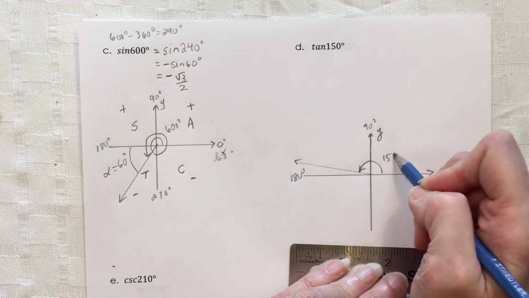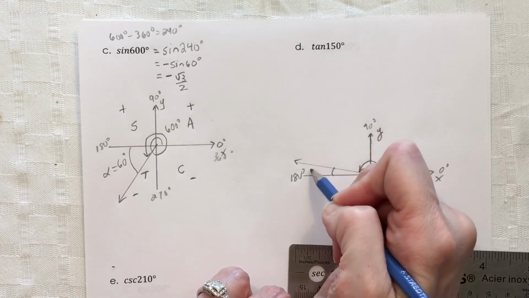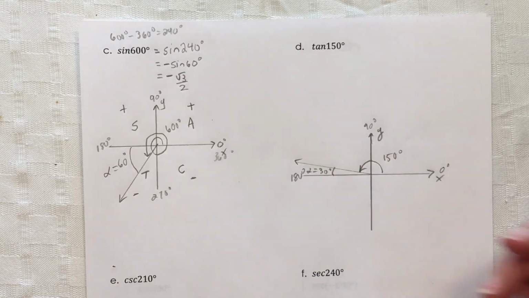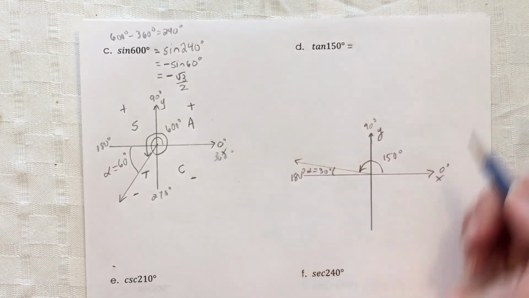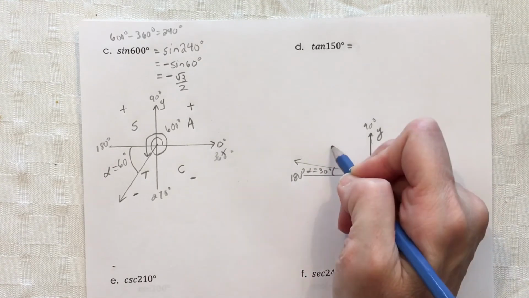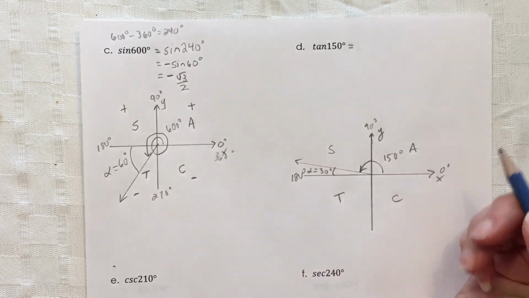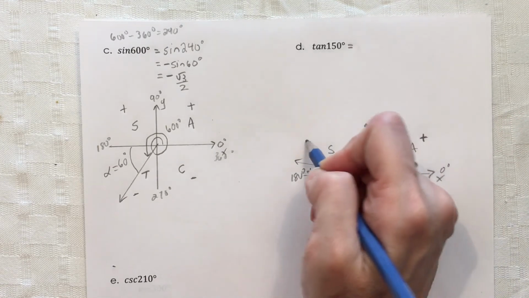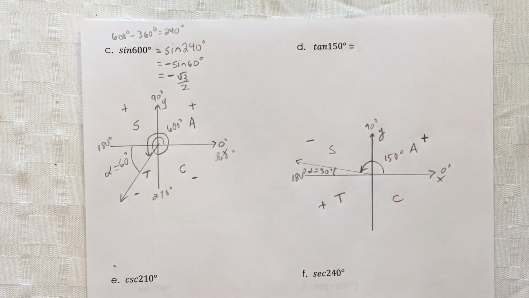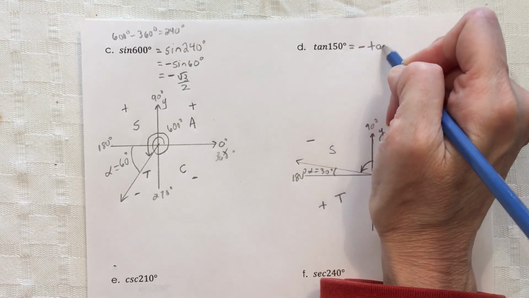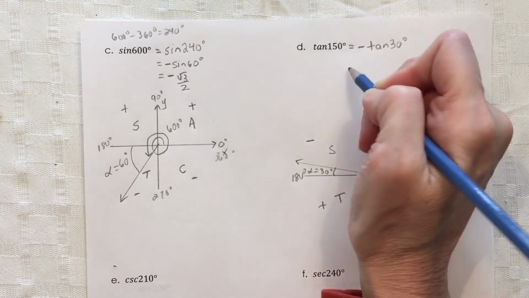So that's 150 degrees, and alpha is going to be 30 degrees. So the tan of 150 is going to be related to the tan of 30 according to the CAST rule, which says that tan is positive in the first quadrant and the third quadrant and negative in the second quadrant.